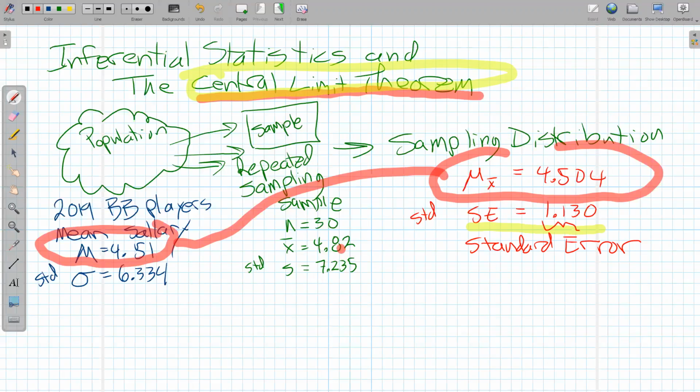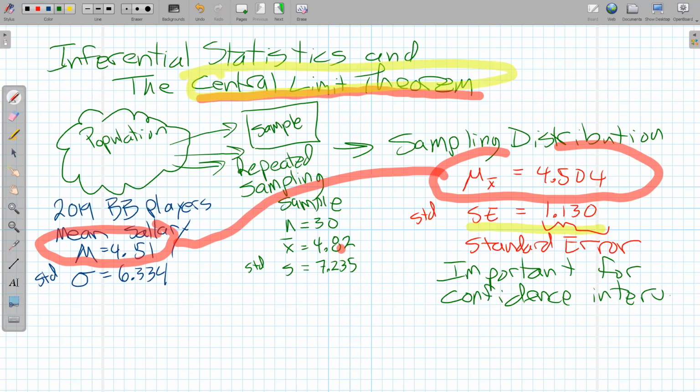And it's the standard error I need to make certain predictions about either hypothesis tests or confidence intervals. So this right here is important for confidence intervals. I've gone over this in a couple of examples related to that 95% rule, and in hypothesis tests.